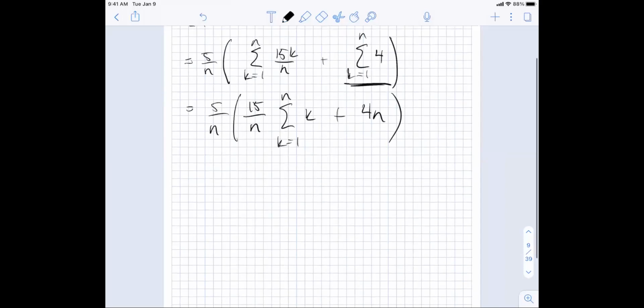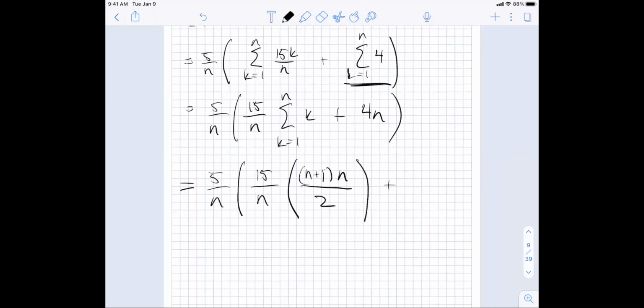So this is then equal to 5 over n times 15 over n times the sum k equals 1 to n of k. That's again n plus 1 times n divided by 2. And then this is all plus 4n.